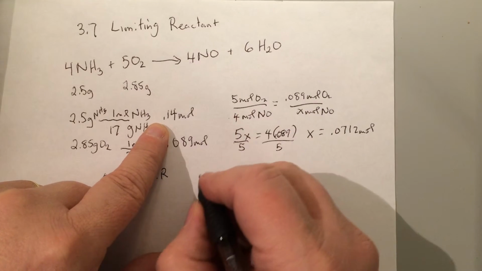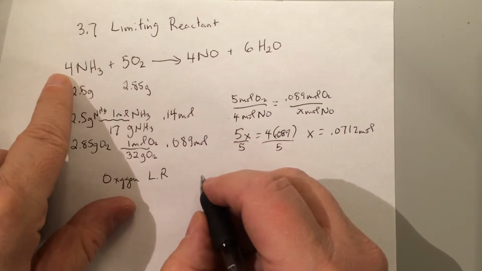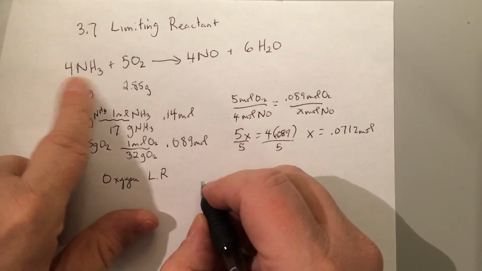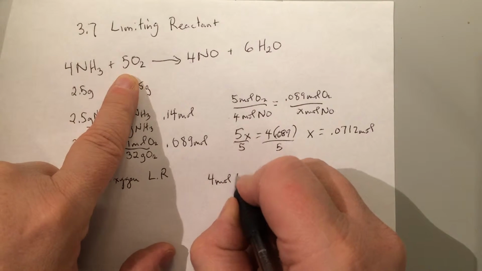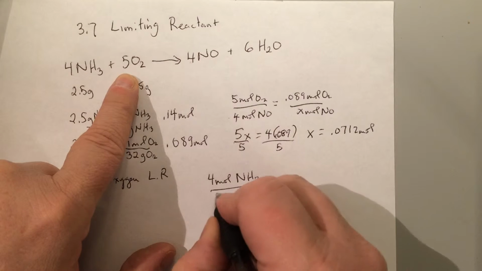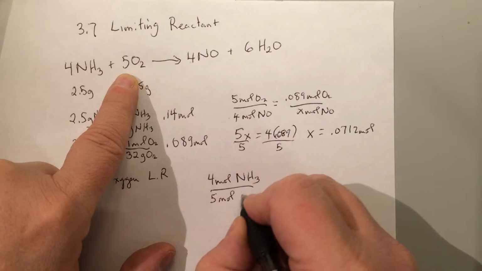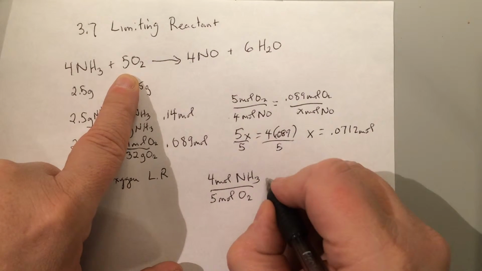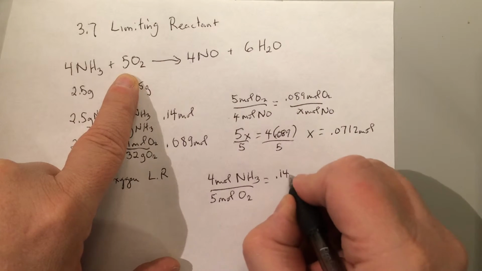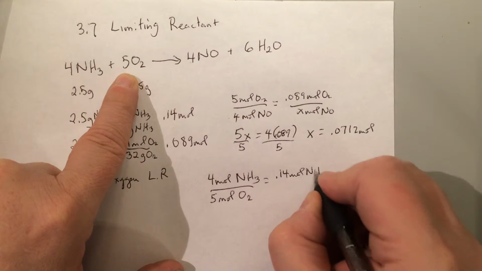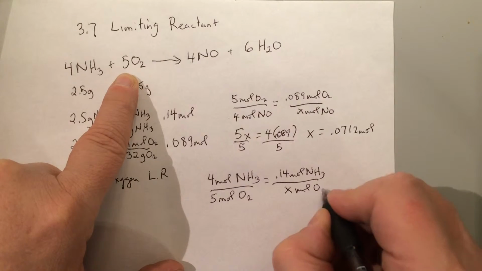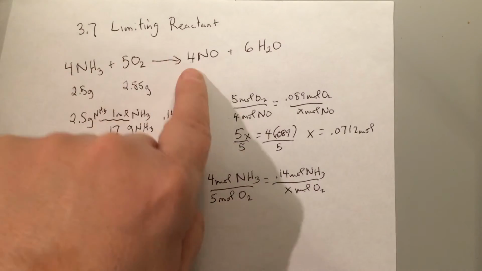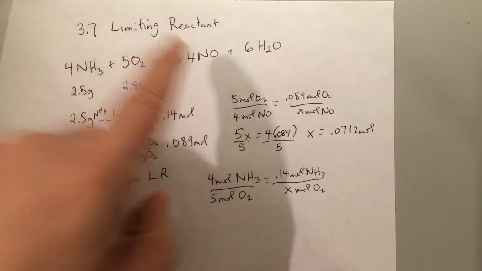So, let's look at it this way. If this is 4 to 5, 4 moles of ammonia over 5 moles of O2, and I have 0.14 moles of ammonia, how many moles of oxygen would be required to make all of that 0.14?